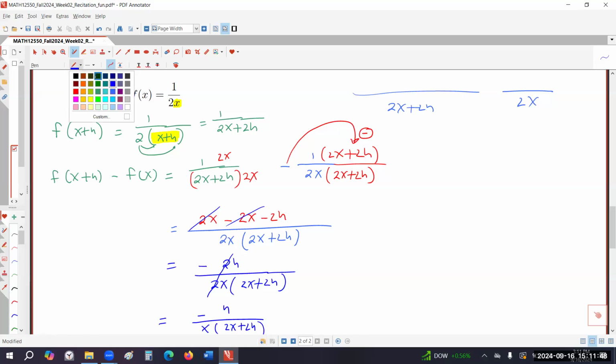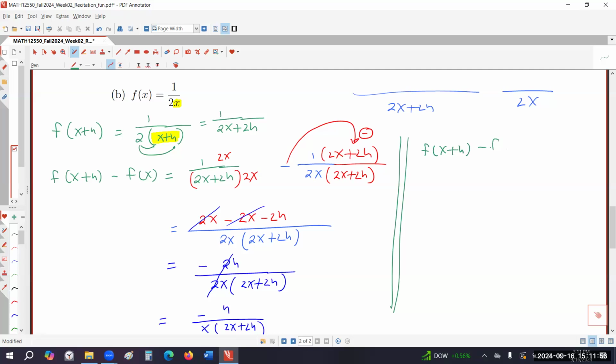Now the third step says, whatever we have in the second step, f of x plus h minus f of x, the whole thing divide by h. So we have negative h over x times 2x plus 2h.